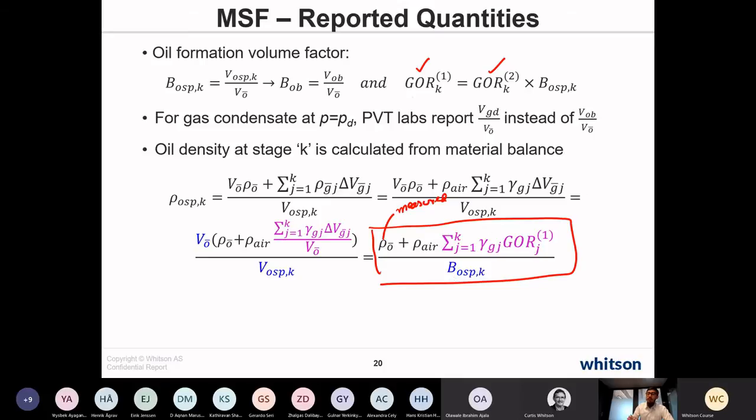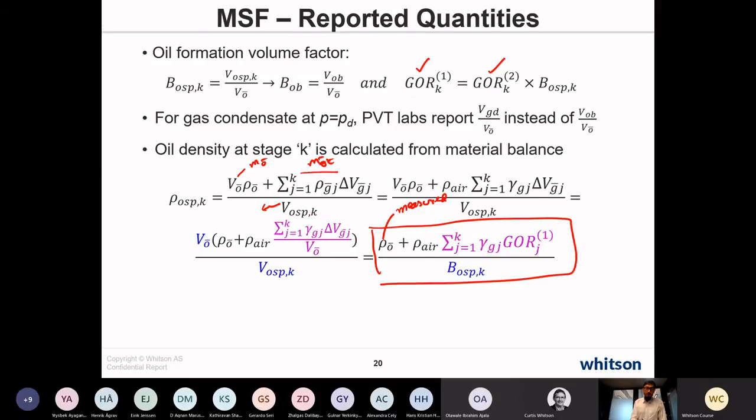And this is just the material balance equation. And this is how it is derived. So there is the derivation shown here. That's the mass of the stock tank oil volume. That's the mass of the total gas released, the surface gas released. That's the total mass of that, at pressure and temperature for the given stage.